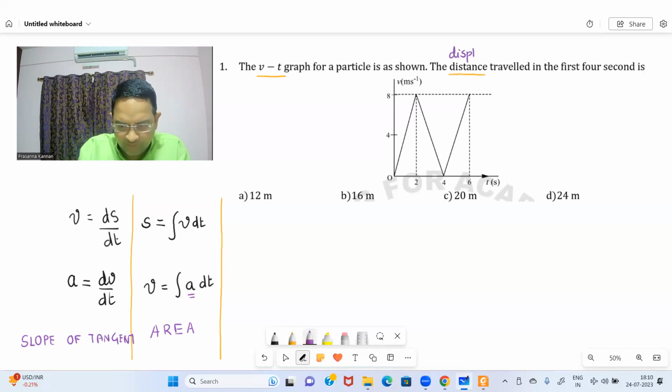From the graph, we will be able to tell one aspect: as long as the particle is moving in a straight line, distance and displacement are going to be equal because the body is not changing direction. How do we know that the body is not changing direction, students?